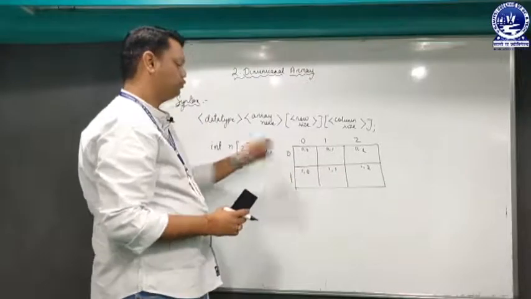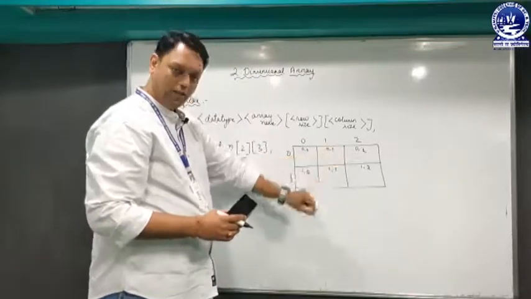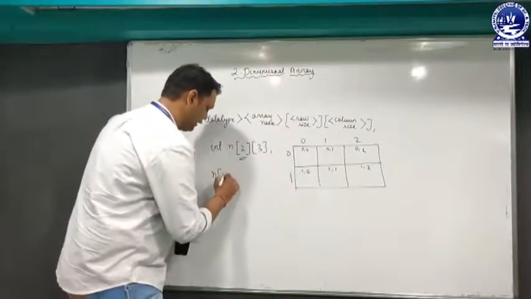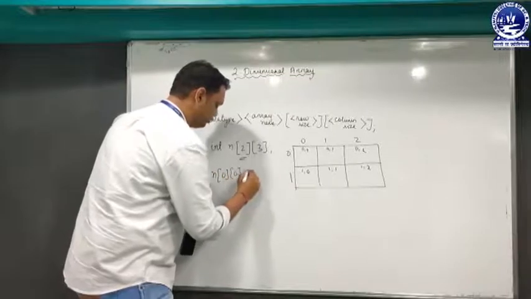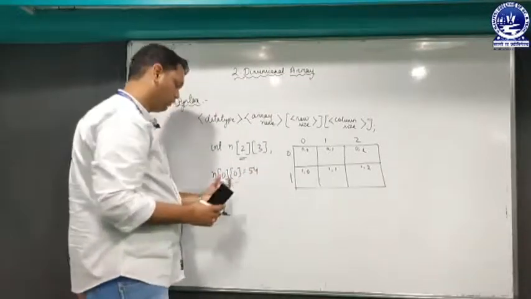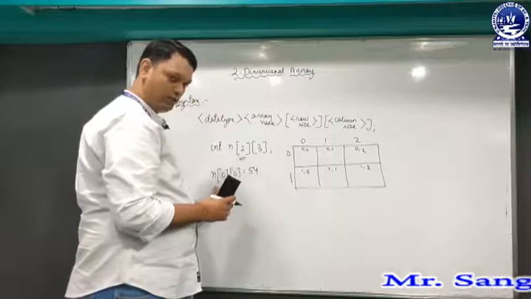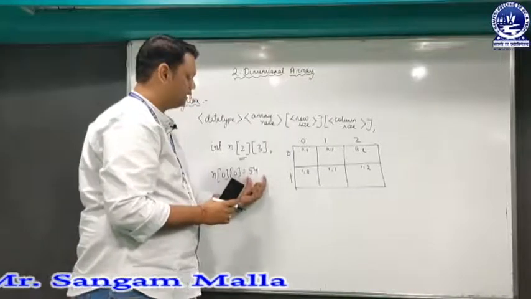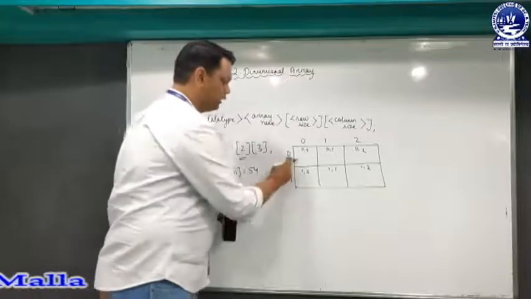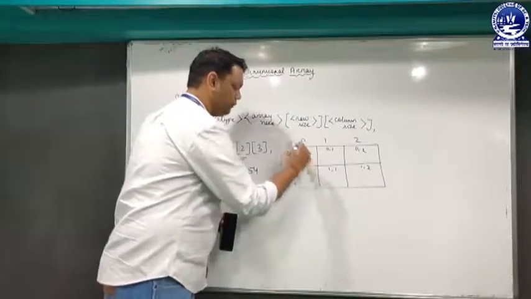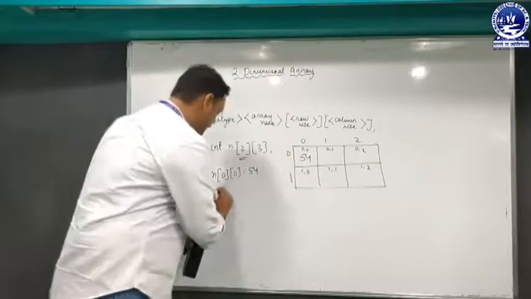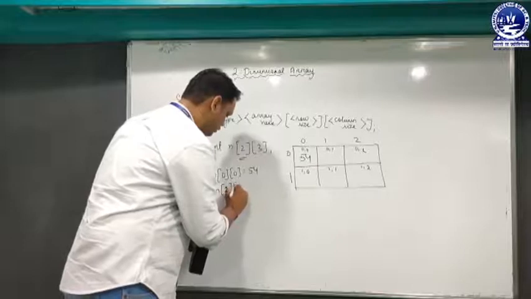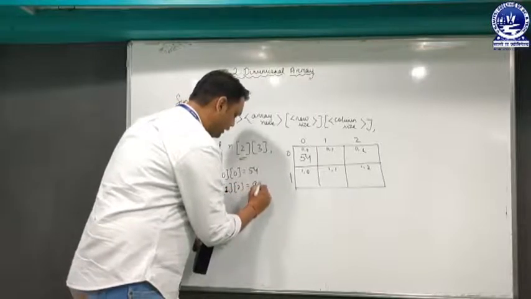If we want to store any value in the array, let's say I write n of 0, 0 equal to 54. That means the row having value 0 and the column having value 0 will contain the value 54. That means 0, 0 will contain the element 54. Let's say I write n of 1, 2 equal to 99.